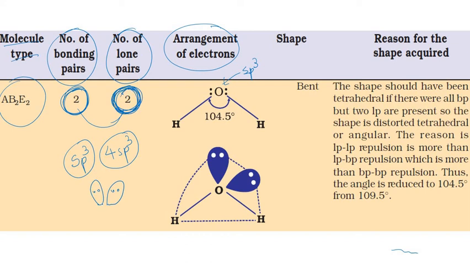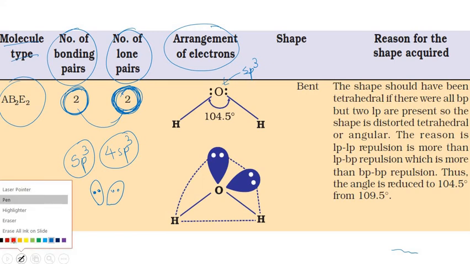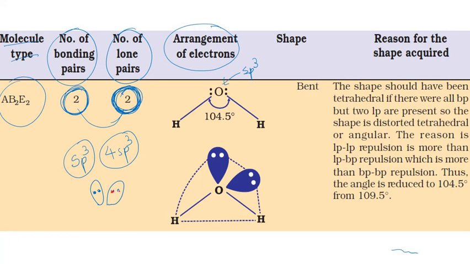So this is one lone pair and this is the another lone pair, okay, and this is sp3 and even this also is sp3. Central atom is O, that is oxygen. 2 sp3 are having the 2 lone pairs, and the remaining sp3 and this sp3 will be overlapping with the 1s atomic orbital of a hydrogen atom to form water molecule, right?